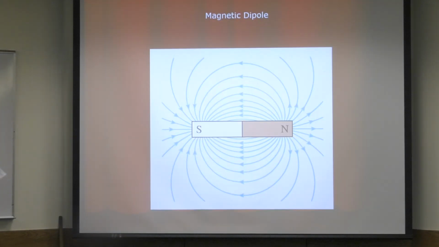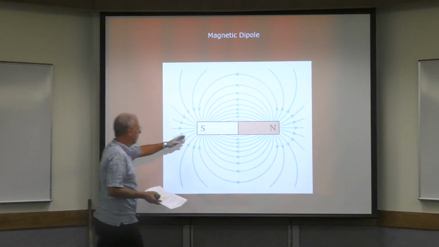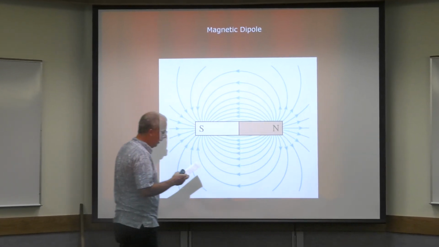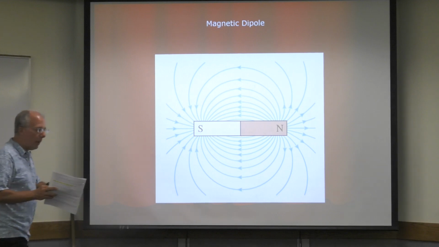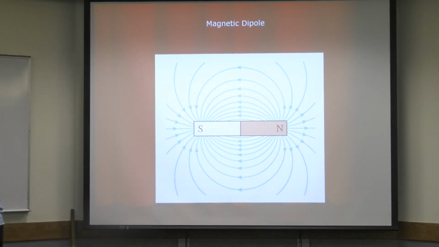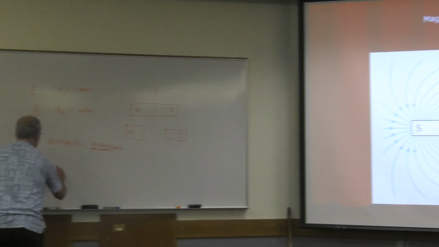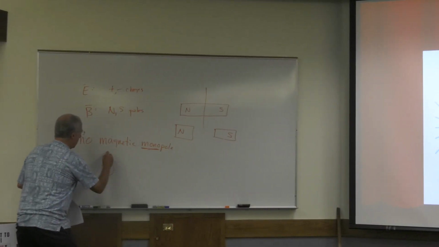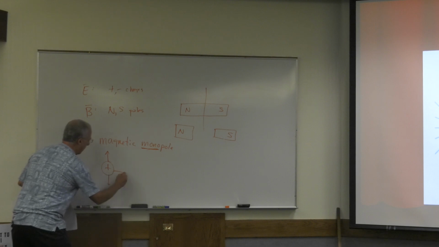Okay, so the basic unit of magnetism is called a magnetic dipole. Di means two, right? Magnetic dipole. So just a bar magnet. You have your south pole and you have a north pole. And what you need to remember is the direction of the field lines. You remember with electricity, if we had a plus charge, the E field lines pointed away.